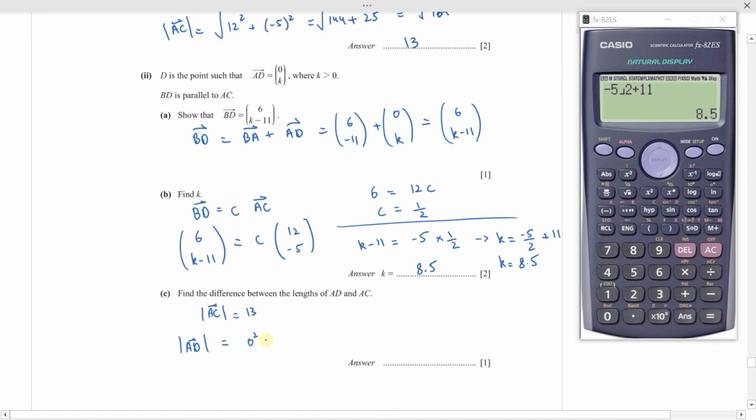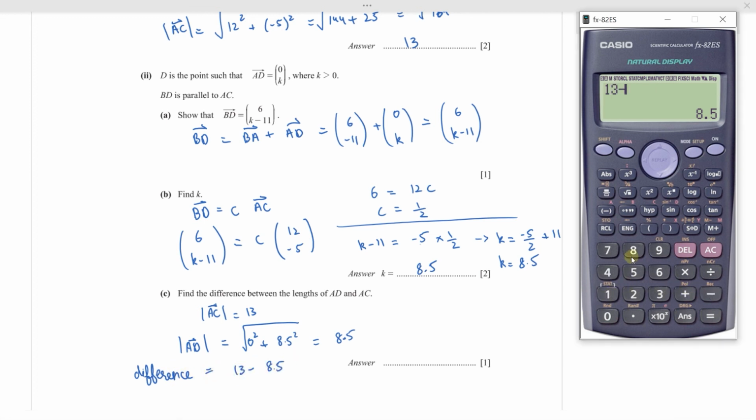So that will be 0 square plus K square, K is 8.5, 8.5 square whole under root. So this will be 0 and 8.5 square, and then under root you will get 8.5. So difference will be 13 minus 8.5. So 13 minus 8.5 is 4.5. So difference here is 4.5.